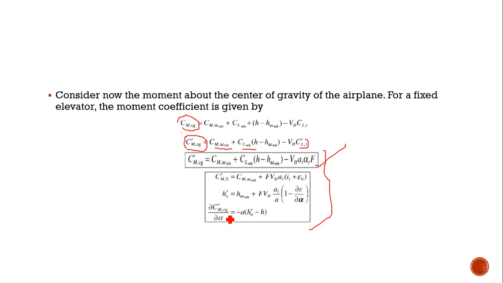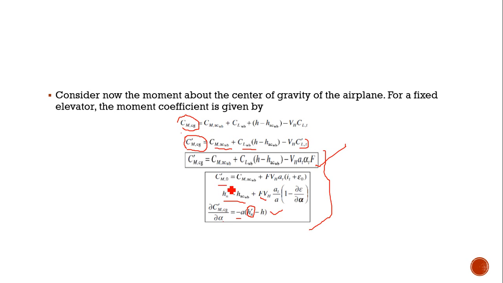So ∂CMCG/∂α equal to minus a into (Hn dash minus h). For stick free condition, the Hn will be changed to Hn dash. Same way, we already calculated the Hn value. So here the value will be Hn dash equal to Hn, that is hACWB plus F into VH into a_t divided by a into (1 minus ∂ε/∂α).